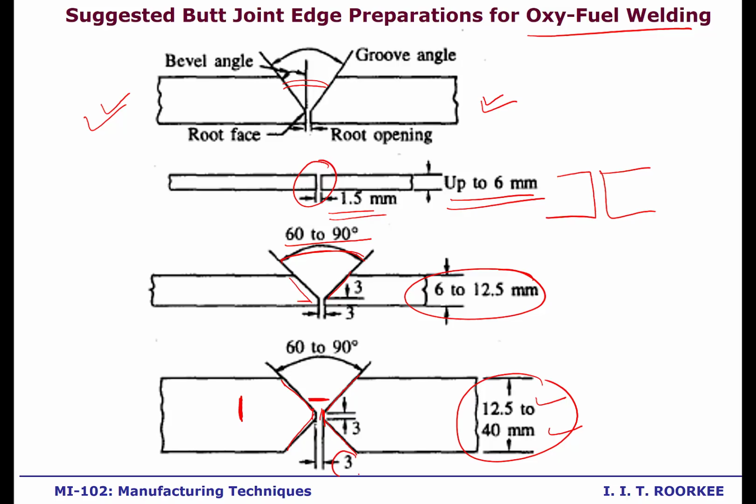The gap is 3 mm and the face is also 3 mm, and the included angle can vary from 60 to 90 degrees depending upon thickness. You can prefer to use an angle of 60 for thinner sections and a higher angle for thicker sections, so that there is easy reach of the torch.